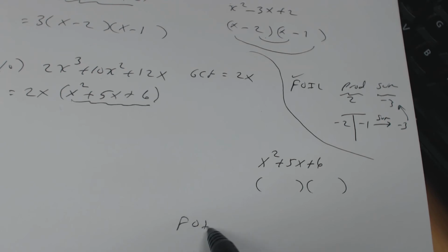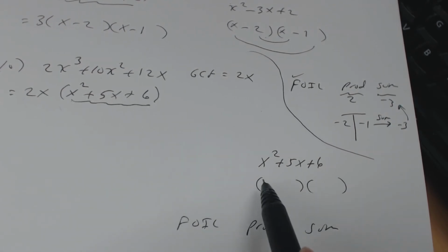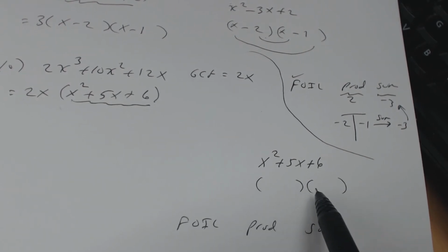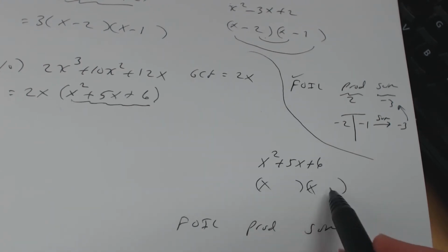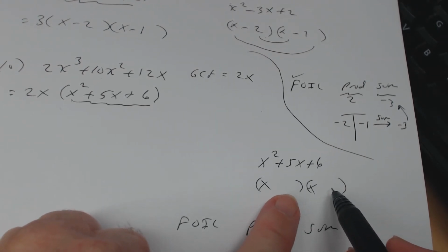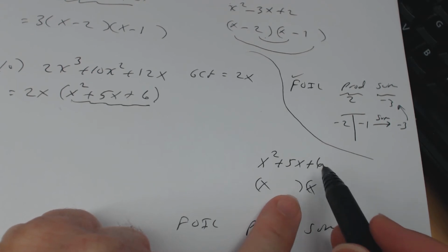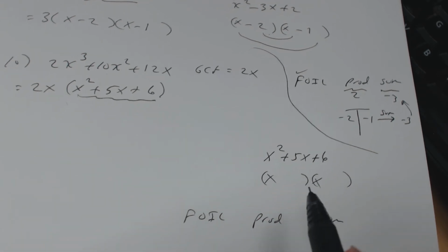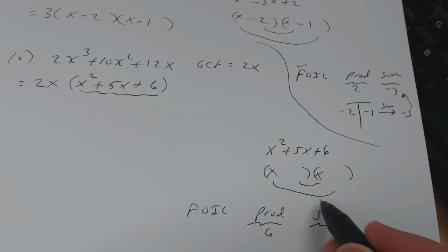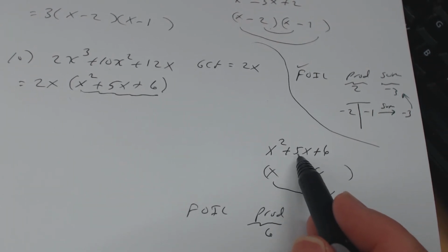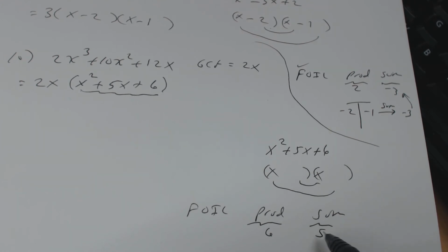The first of FOIL is easy: x times x gives me x squared. Now I need the last times the last to be a positive 6, so I need the product to be 6, and when I do the outer and the inner, I need that sum to be a positive 5x. So I need the sum to be 5.